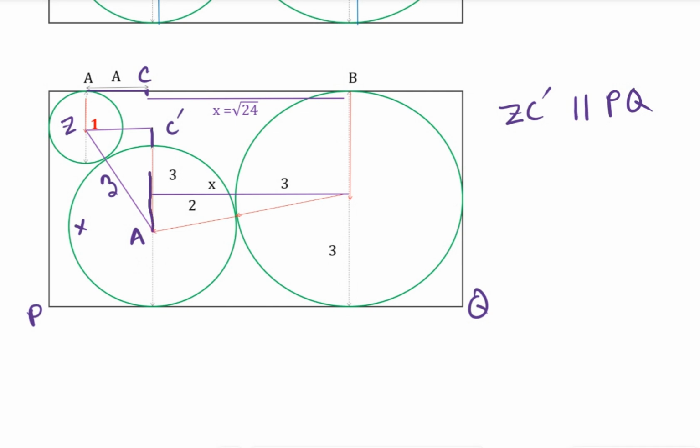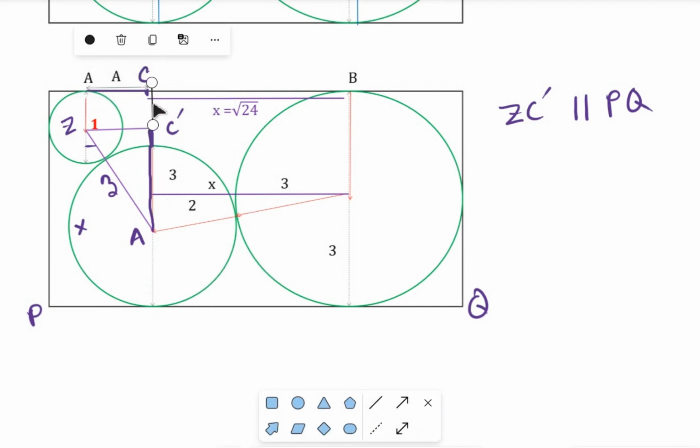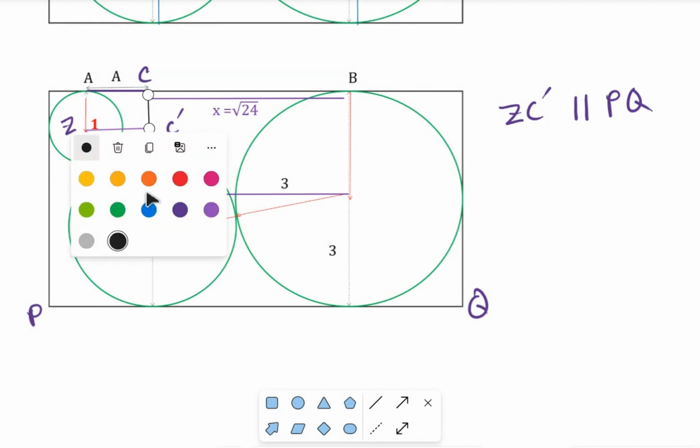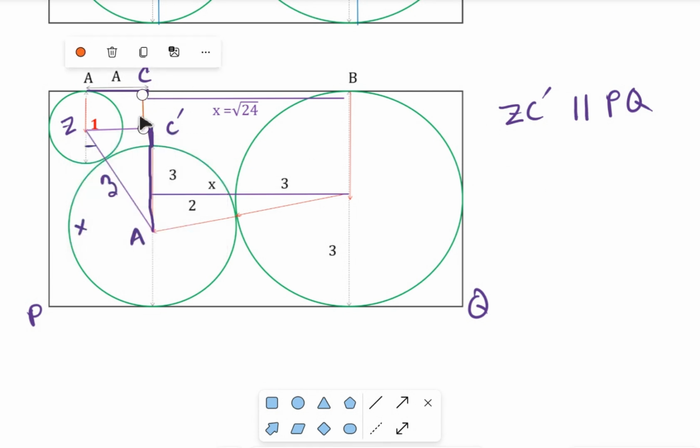So A to this much is 3, and now our main target is to determine this amount of length. Let's change the color, this is pink. So how much is this length? This length is, of course, 1 unit, because this is the radius of the very small circle. So this is 1. So up to this one is 3.